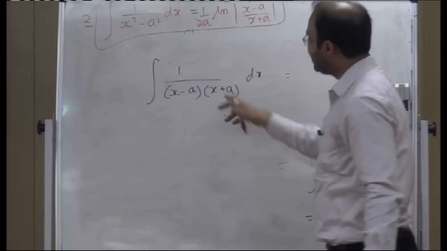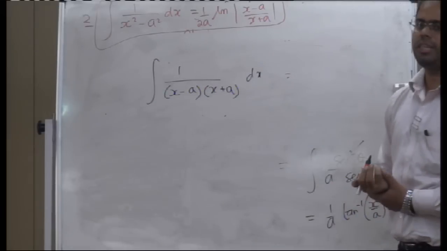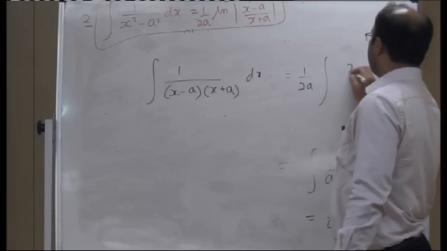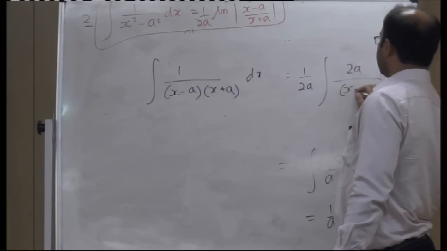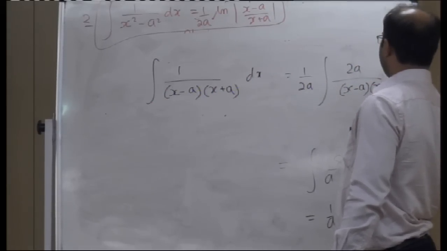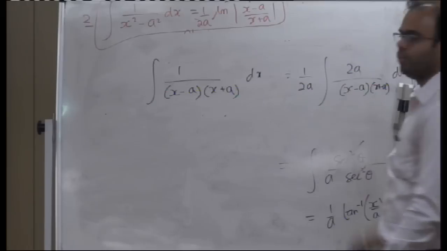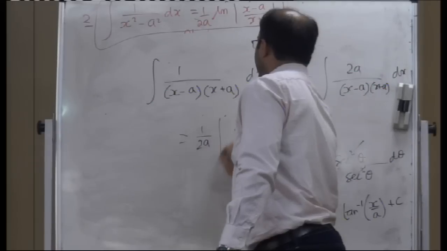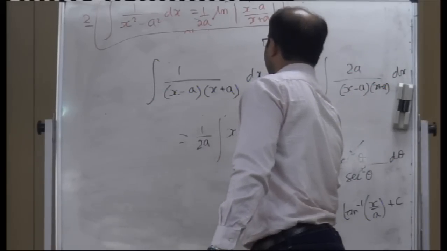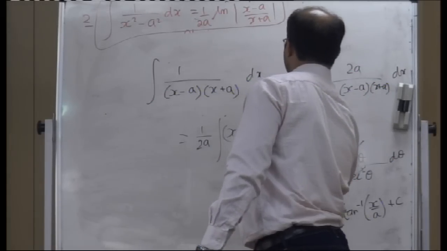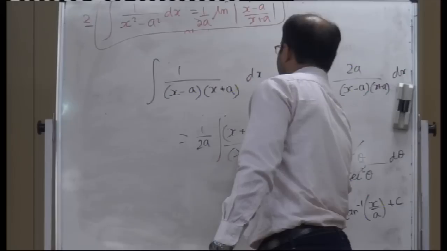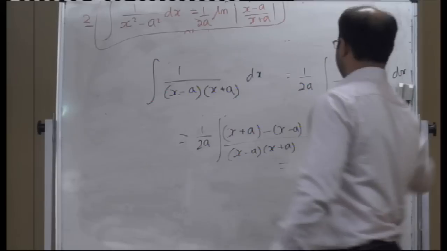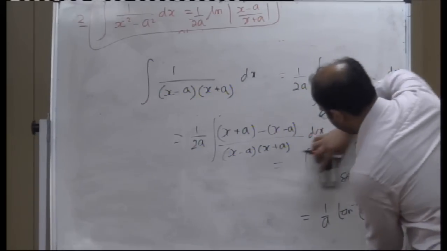If you see these two terms, the difference is actually 2a. So you can do one manipulation: 1 by 2a upon (x minus a) into (x plus a) dx. And this 2a can be written as (x plus a) minus (x minus a), upon (x minus a) into (x plus a) dx. This is what you can write it as.